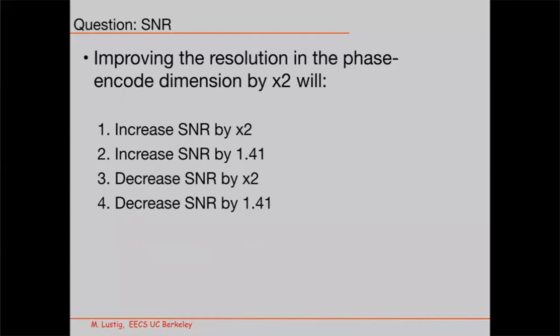Okay, why? Because SNR depends linearly on the voxel size of each dimension. Right. So basically delta X is halved, right?